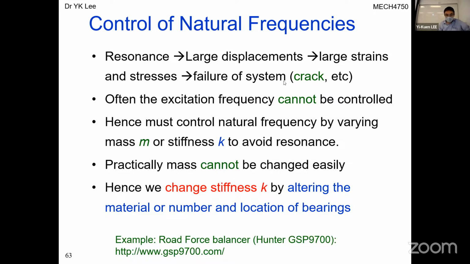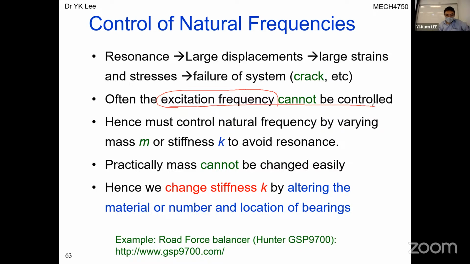In this case, most likely the typical operation frequency or driving frequency is something we use to drive a certain kind of machine, so we cannot change this excitation frequency.